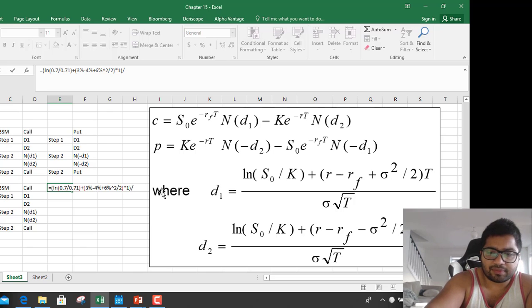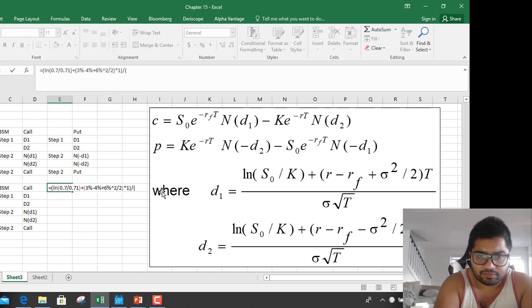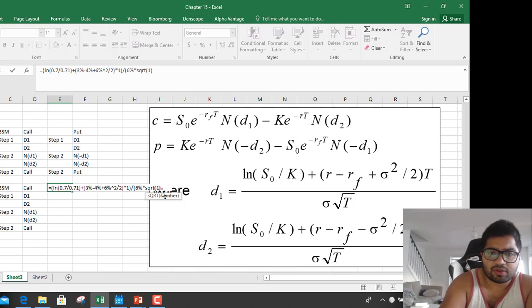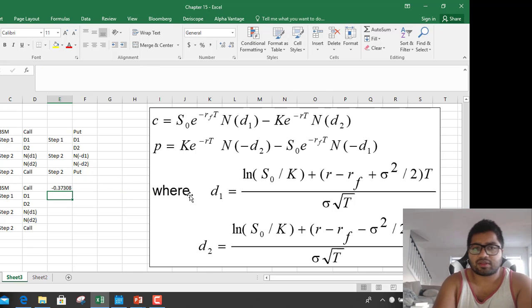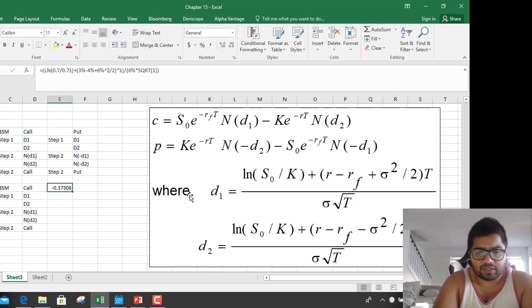And this thing is divided by sigma, 6% times square root of T, square root of 1. So ln of 0.7 divided by 0.71, plus 3% minus 4%, R minus RF, plus sigma 6% squared divided by 2 times 1, divided by 6% times square root of 1. So this was D1.